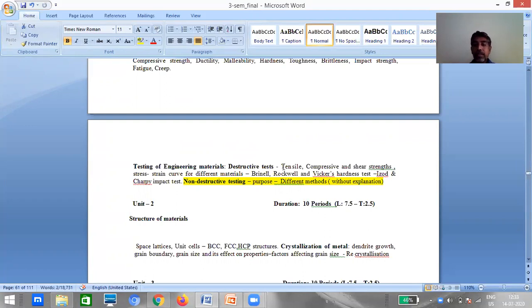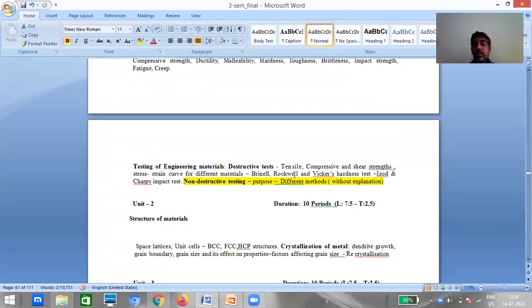Later we discussed the tensile test procedure, compressive test procedure, shear test procedure, and the salient features of the stress strain diagram for a ductile material and a brittle material, the points present on the stress strain diagram, and their importance.